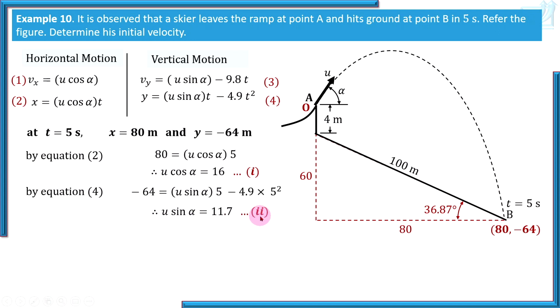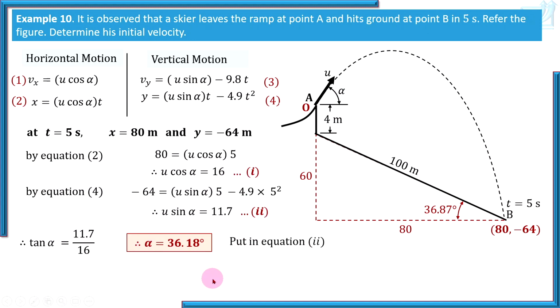So equation 2 divided by equation 1, and you get tan alpha equal to 11.7 by 16, and therefore alpha equal to 36.18 degrees. So this is how we have found alpha, that is angle of projection. Now put this value of alpha in equation 1 or in equation 2, and you have found u.